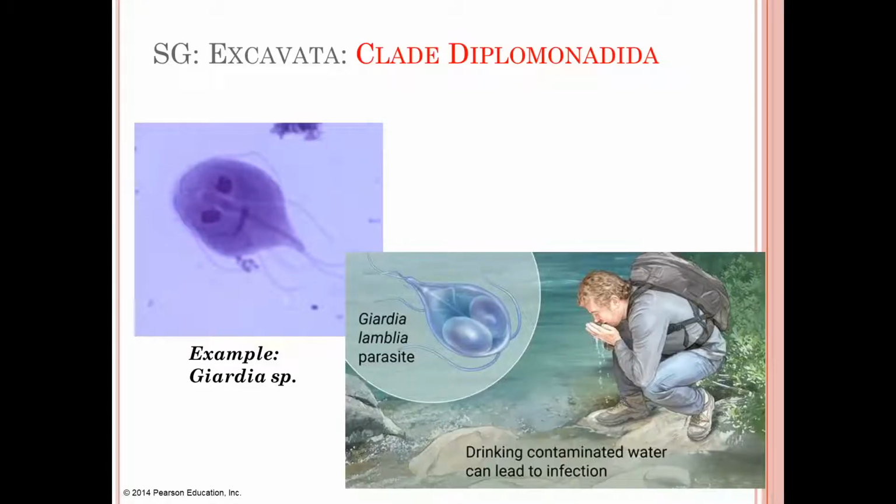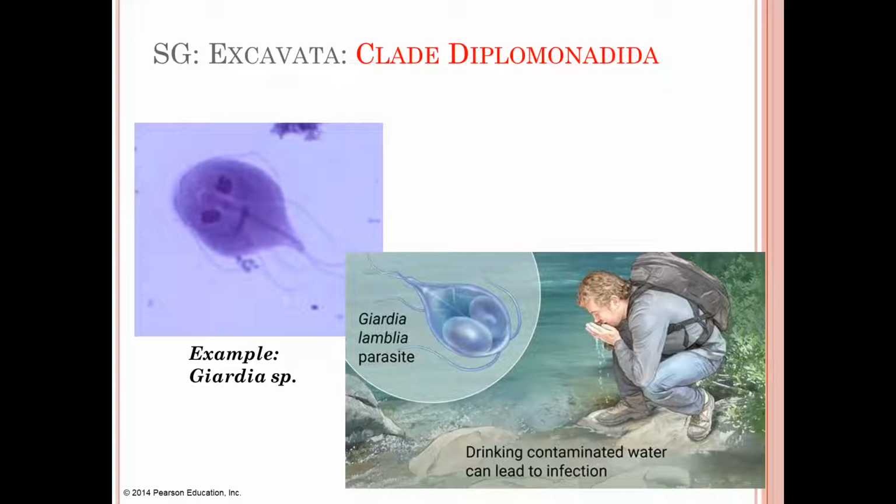Okay, so what you've got going on here, guys, is that these are very different than what we just looked at with the Archaeplastida. But these guys here, the diplomonads, are anaerobic. And if you remember from the lecture on the prokaryotes, anaerobic means, right, that they live without oxygen. And these guys have to be in an area that does not have oxygen.